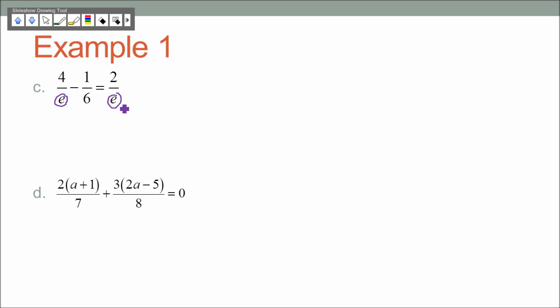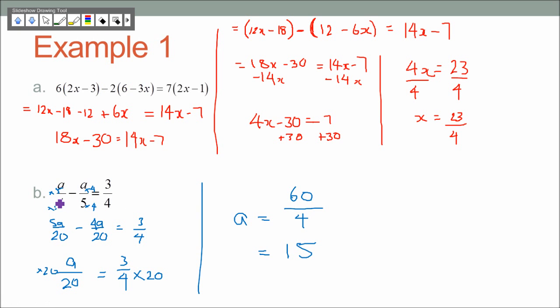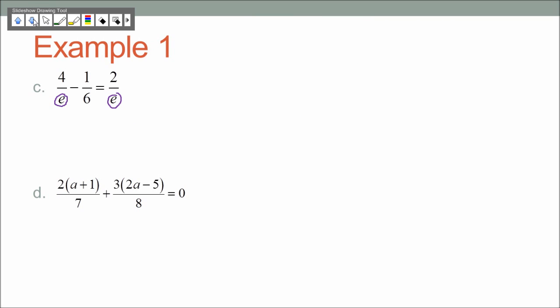So to begin this question, in my opinion, the best way to answer it is to move the pronumerals to the same side and move the straight numerals, in this case the 1/6, to the other side, so that we can have a question that's similar to B, where the A's are on one side and the other fraction is on the other side.